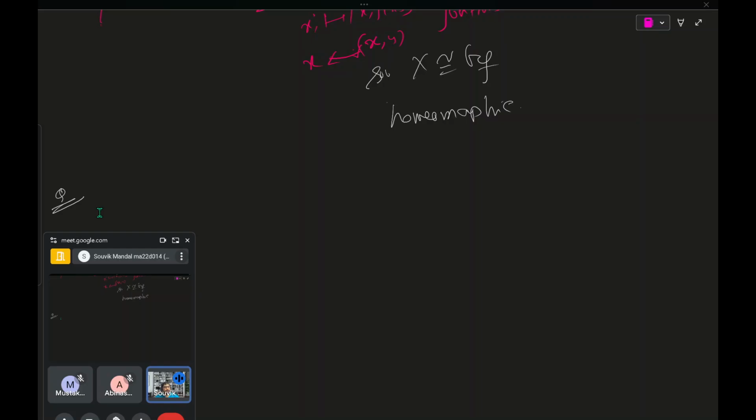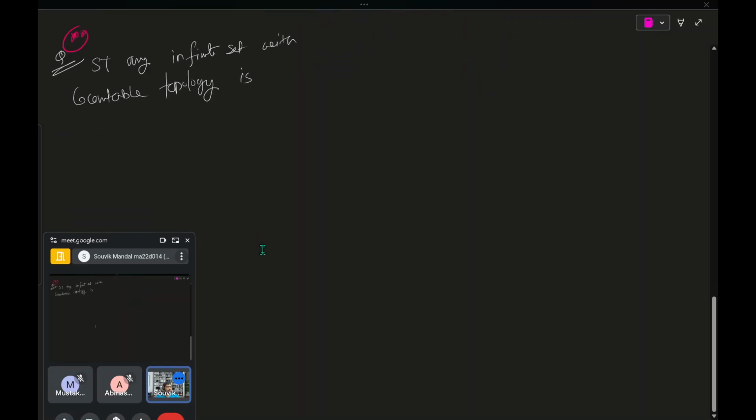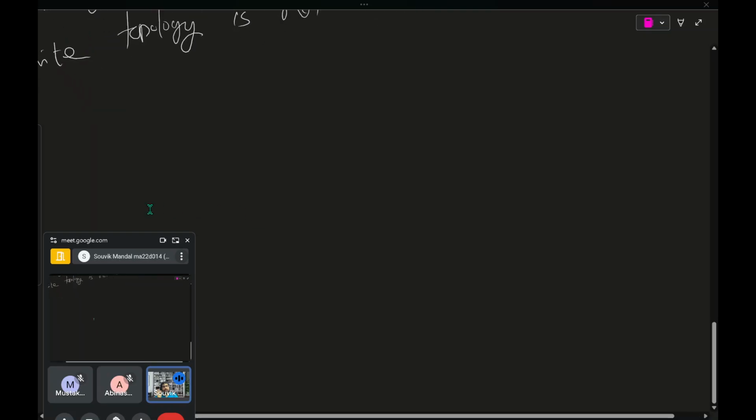This might come in the exam also. The question is: show that any infinite set with the cofinite topology is not compact. Sorry, I said co-countable, it is the cofinite topology.